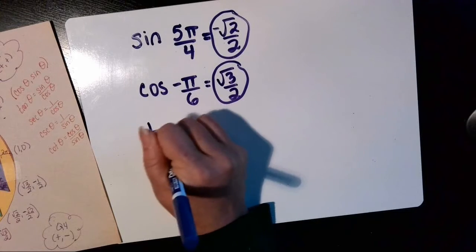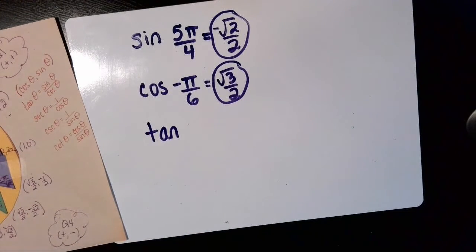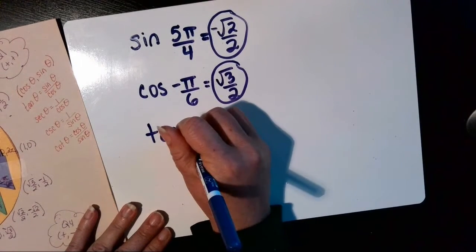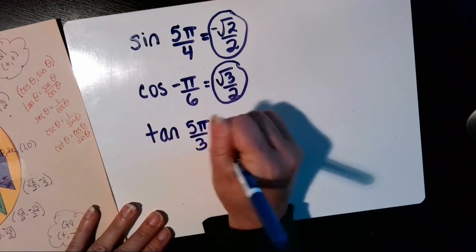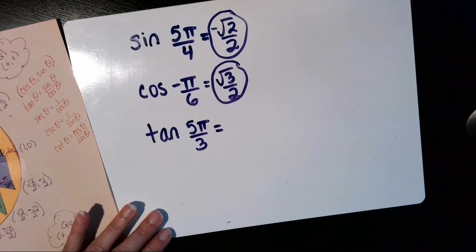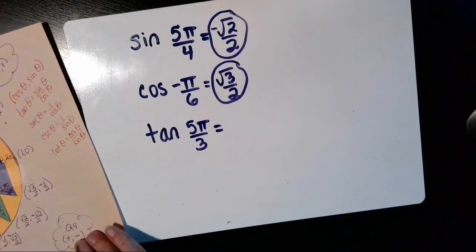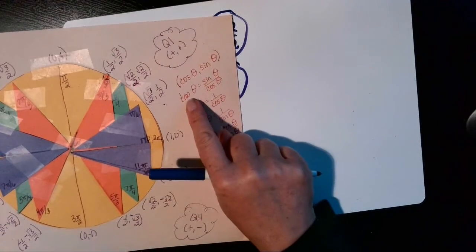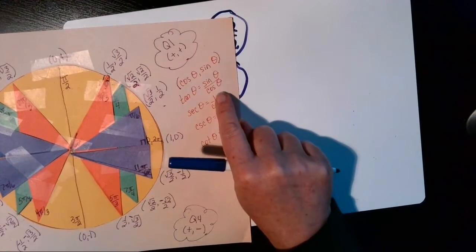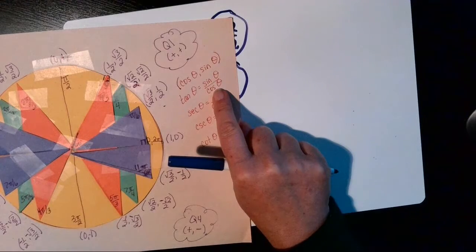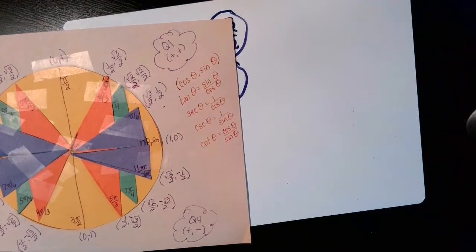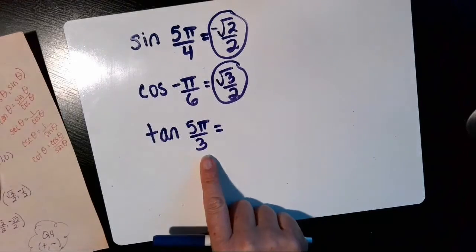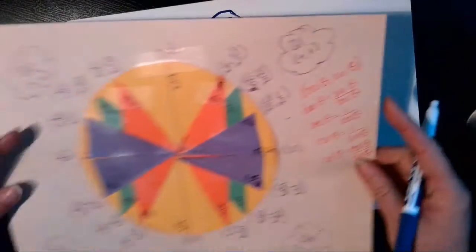Okay, if I want to know the tangent of, let's see, let's do tangent of 5 pi over 3. Okay, now remember we put some notes here on the side. The tangent is defined as the sine of the angle over the cosine of the angle. So to find the tangent, I need the y over the x. So I'm going to first find my terminal point at 5 pi over 3.